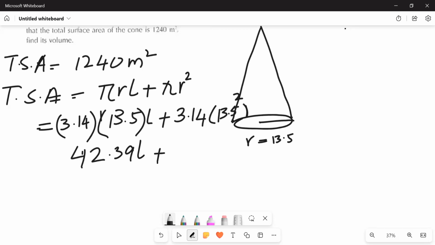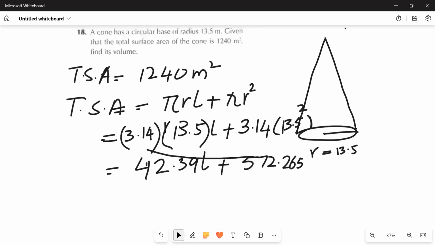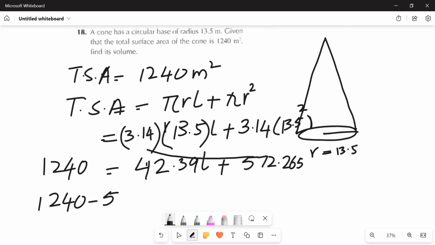We got 572.265. Now the total surface area on this side is given, that is 1240. So we will shift this: 1240 minus 572.265 is equal to 42.39 L.